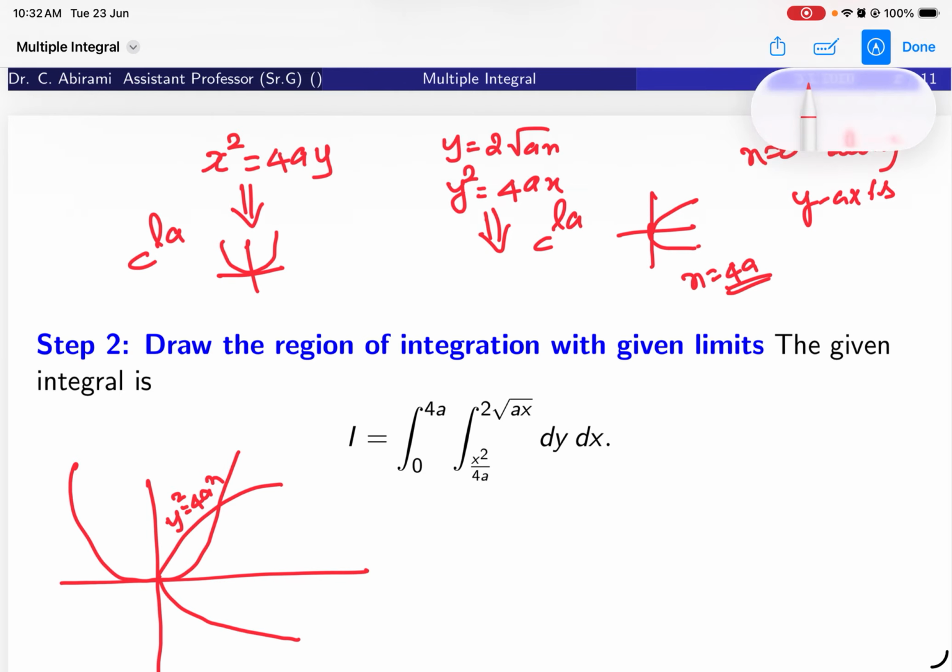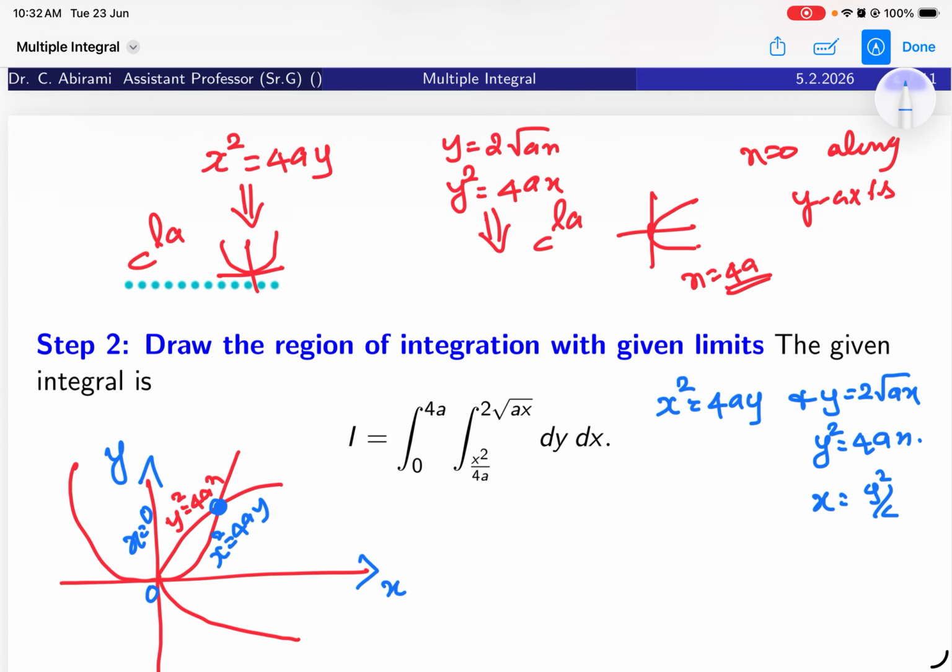So how do you know that x is equal to 4a lies at the point of intersection of the two parabolas? Before drawing the line, you find the point of intersection of the two parabolas. X squared is equal to 4ay and y squared is equal to 4ax. Here x is y squared by 4a.